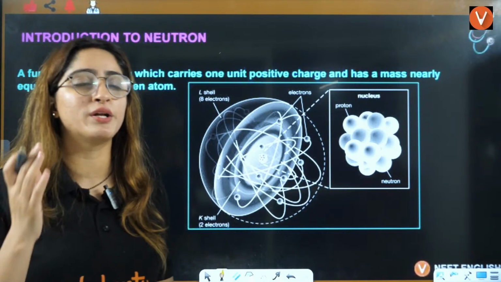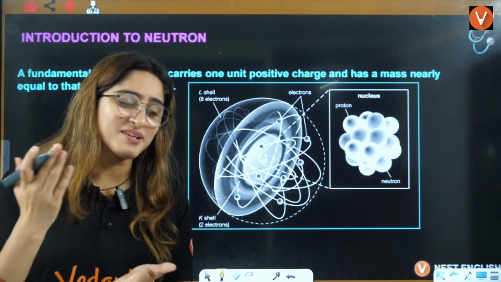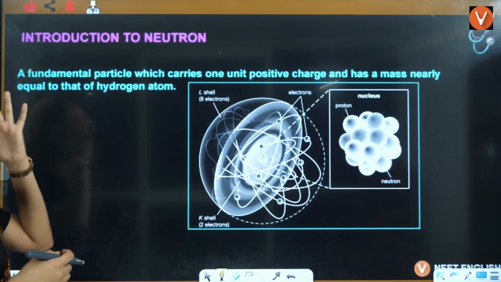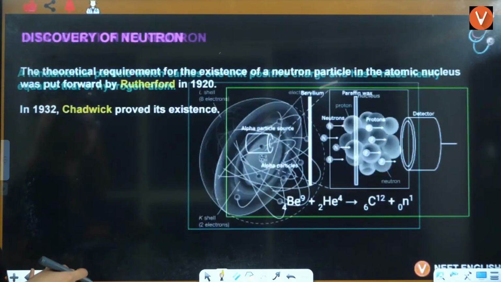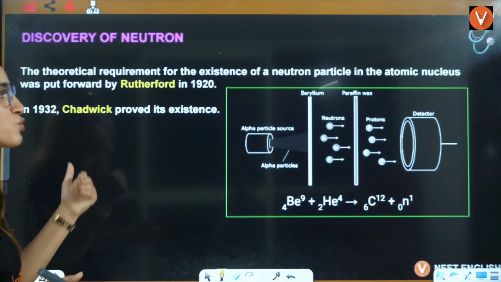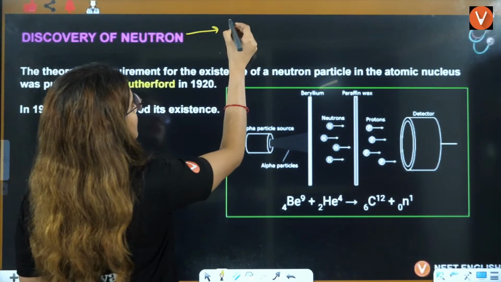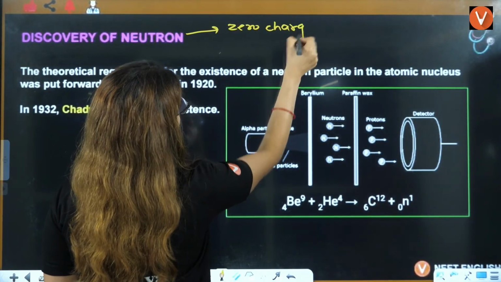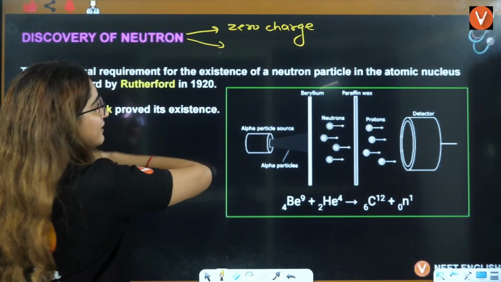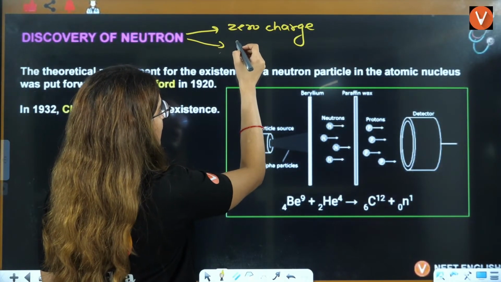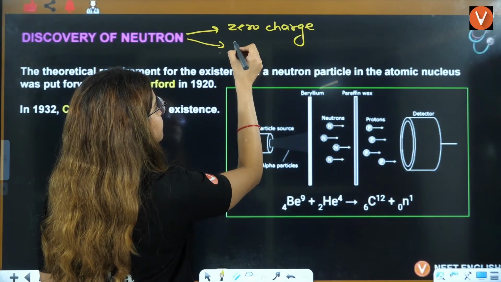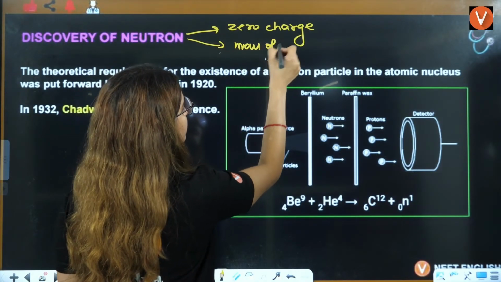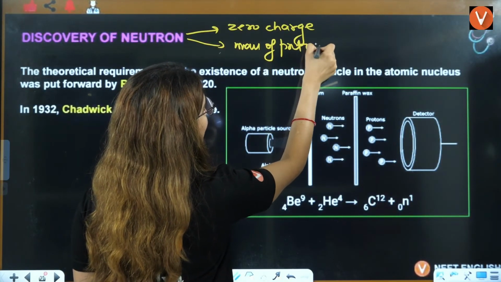In your exam, in your syllabus, you just have to remember one single reaction here that I'll tell you. First thing is you should remember that this neutron actually has zero charge. And this neutron has mass nearly same as mass of proton.